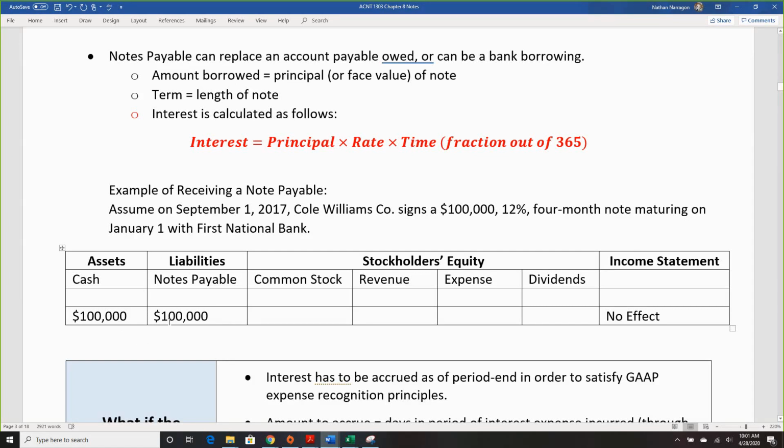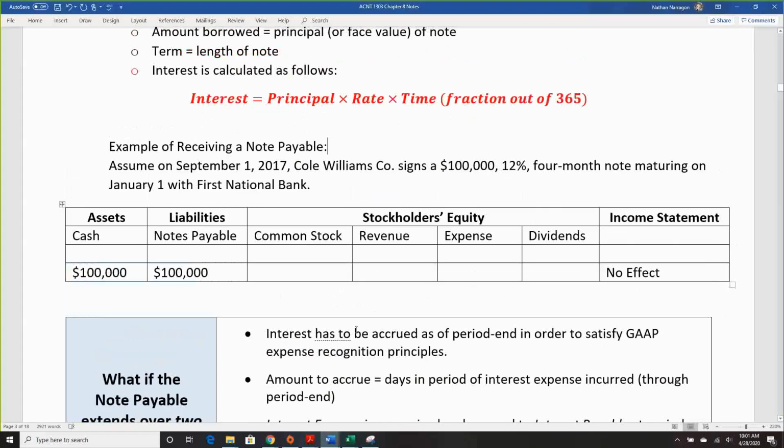So we are expected to pay $100K. Okay? Again, we haven't paid it yet, so we're only expecting it. But we do have our cash. Okay? So there's us recognizing the note.